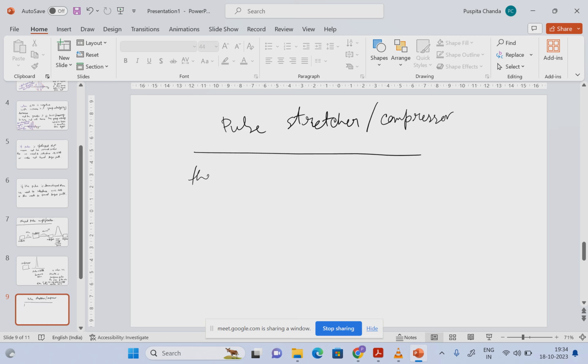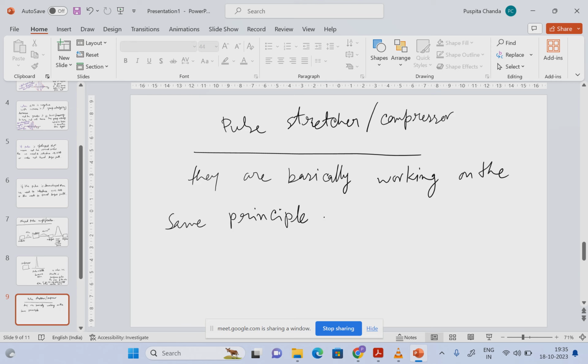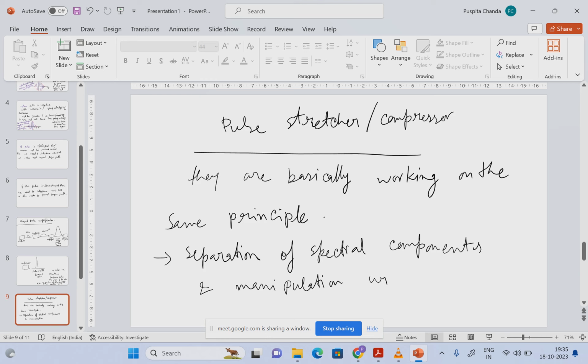They are basically working on the same principle, which is separation of spectral components and manipulation with their delays.